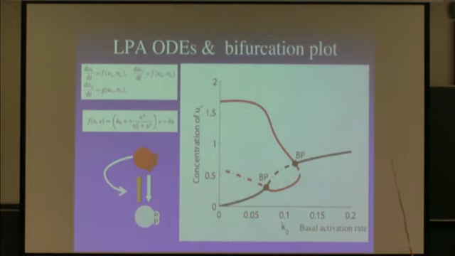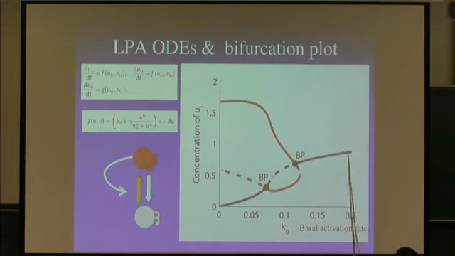So let me orient you to what we're seeing here. This particular example is for the same wave pinning two PDEs with those cubic-looking reaction kinetics. What's plotted here is some parameter, in this case the basal activation rate, plotted against the height of that local peak.